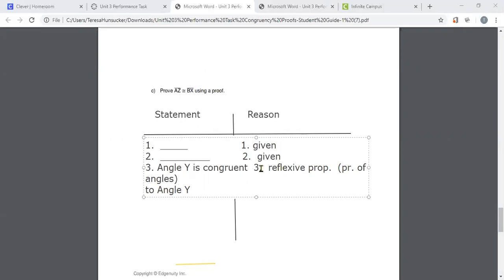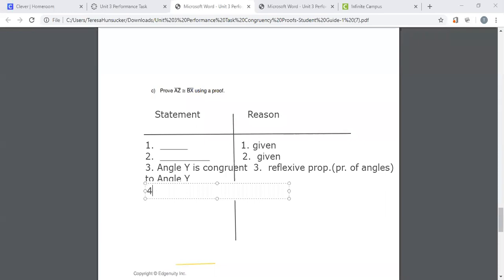So far, if you recall, let me take that out. All right. It'll fit now. All right. So think about what we said. If angle Y was congruent to angle Y, we would have side angle angle.